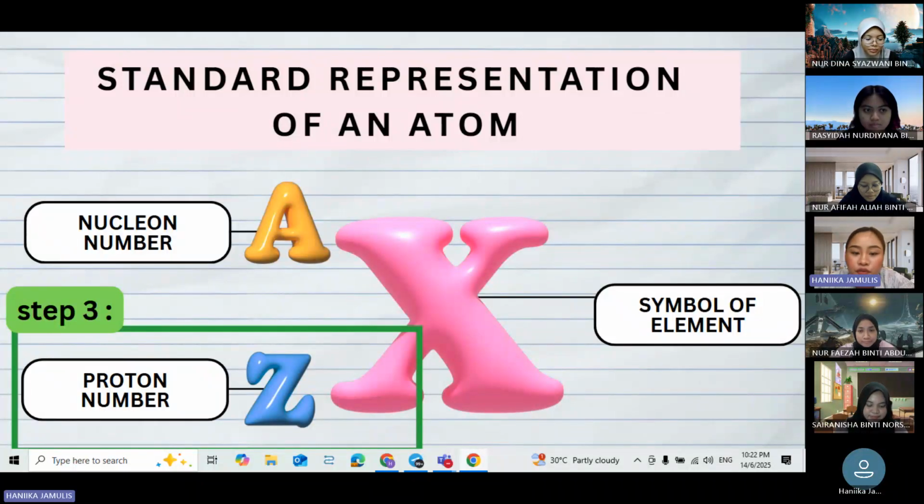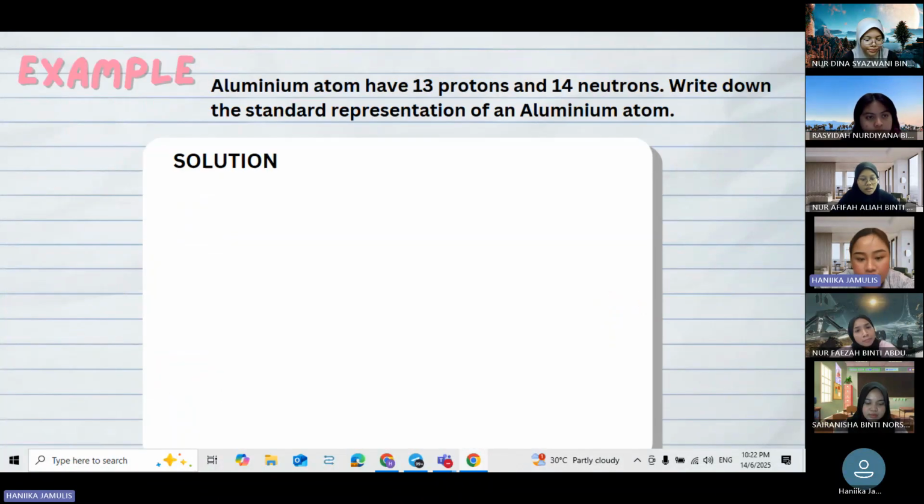Now, we are going to proceed with writing the standard representation of an atom. Okay, this is the example. Can I have Isha to read the question? Aluminium atom has 30 proton and 14 neutrons.